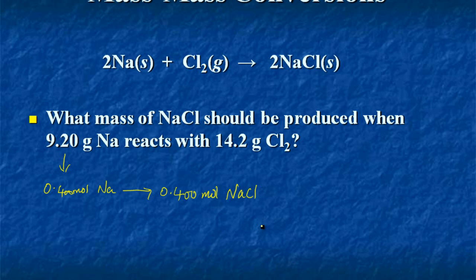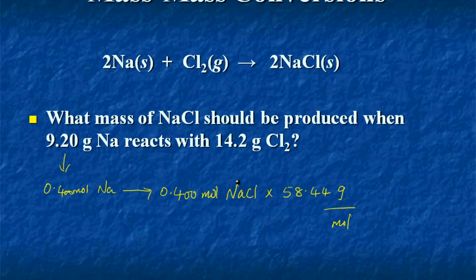Take your periodic table, calculate it. Na is 22.9, Cl is 35.5. 58.44. Okay, so 58.44 grams per mole. That is the unit, right?